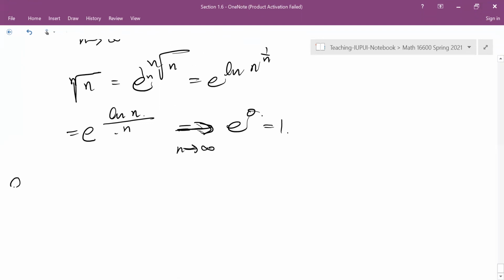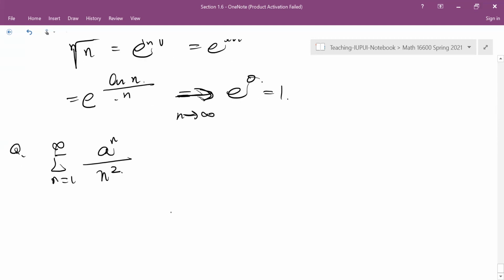Okay, let's take a look at the following example. Here we have to decide what the value is. Determine the variable a such that this is convergent.